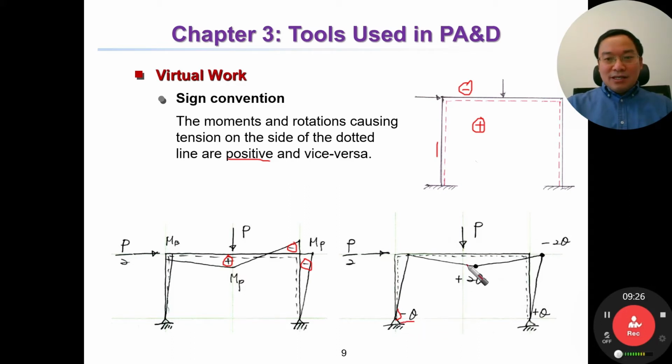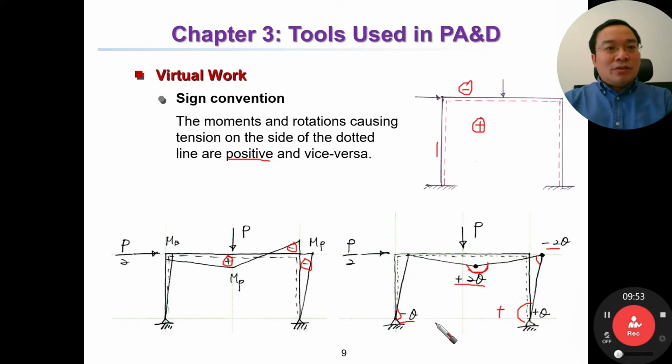In this case, this rotation makes the inside tension, then it is plus. It is plus, positive. In this case, also inside compression, then minus. The inside tension, then plus. Okay, so simple, right? So from now on, you remember this sign convention for moment or for rotation.